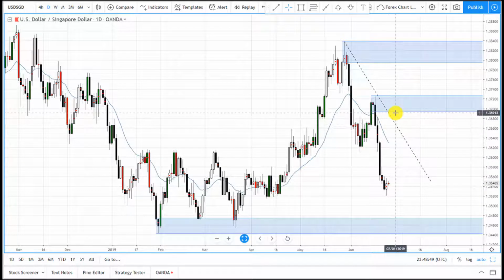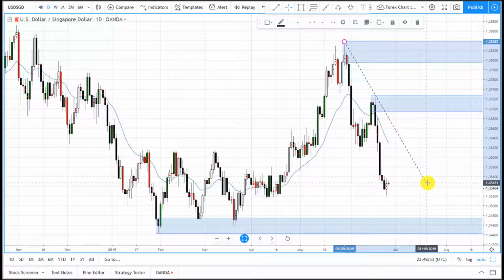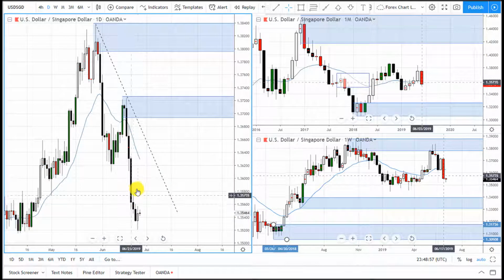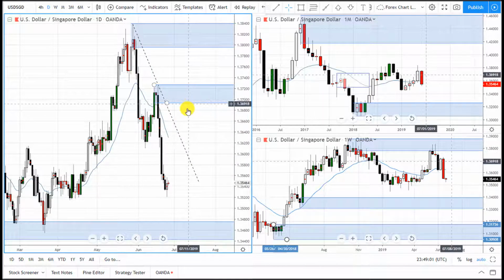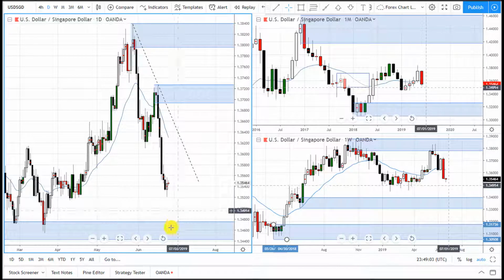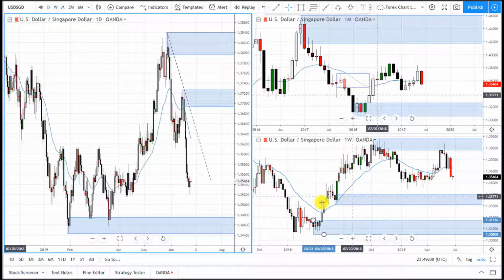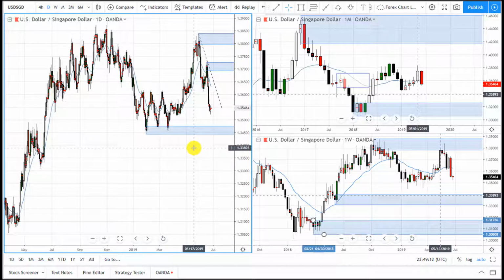And if price retraces up here, we want to look at selling, shorting it. Yeah, so if price continues to drop, it can go all the way down here, where we could look to go long.